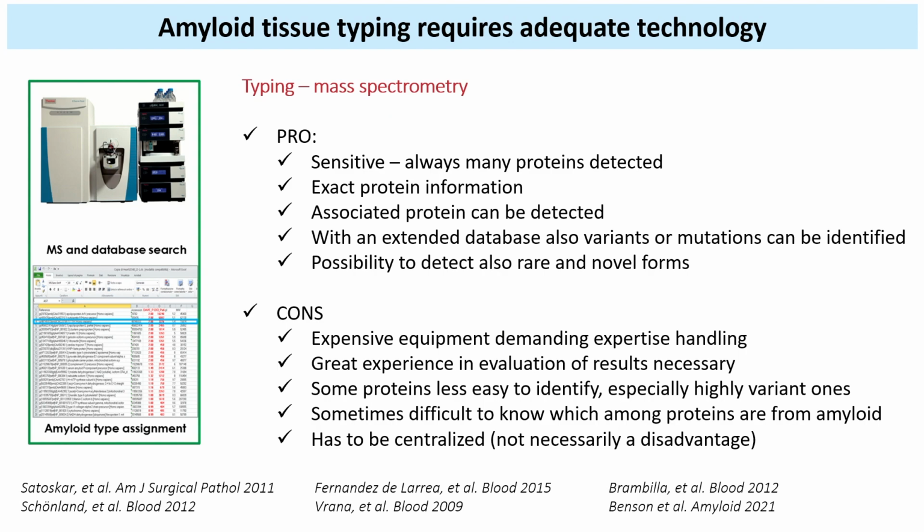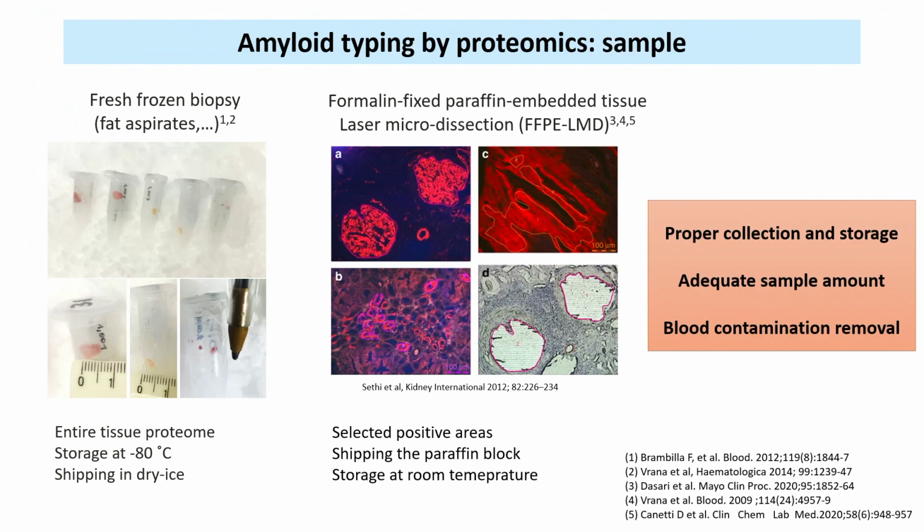The cons related to this method are the higher cost and the fact that we need expertise for the preparation of the sample and for the analysis that is specific to proteomics. Next, please. Two are the options.